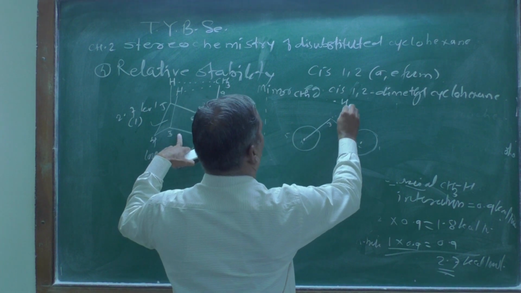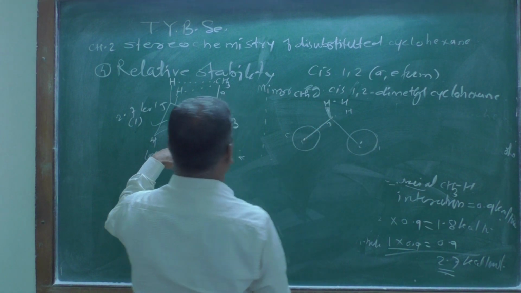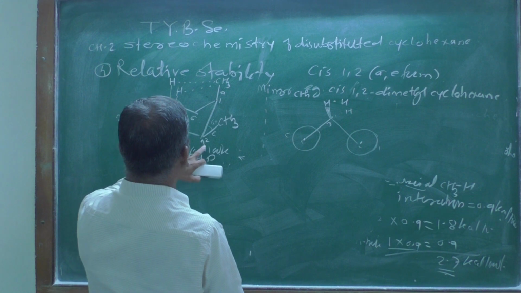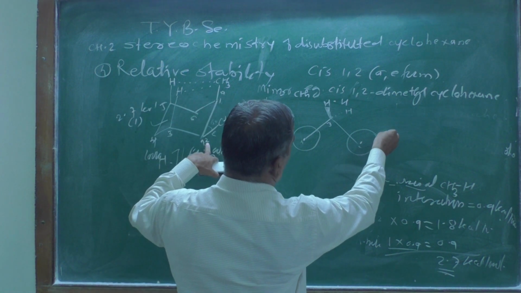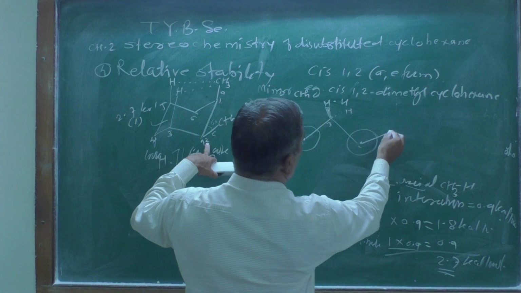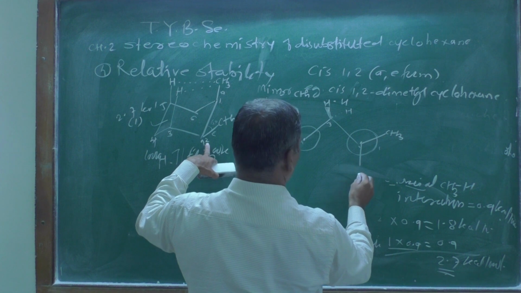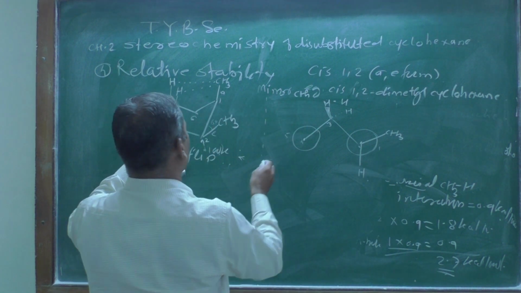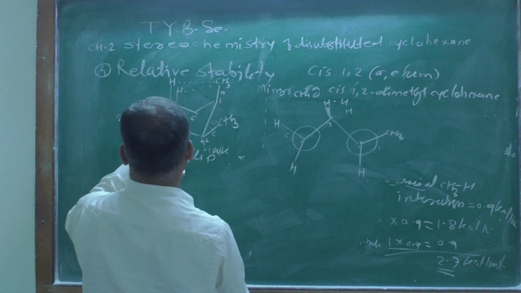At 1, there is one hydrogen atom and there is another hydrogen atom we can put here. And now at 2 position there is one methyl group here. Methyl group you can draw like this. Here there is a hydrogen atom which is at axial position. At 4 there are 2 hydrogens, and these 2 hydrogens we can draw like this.